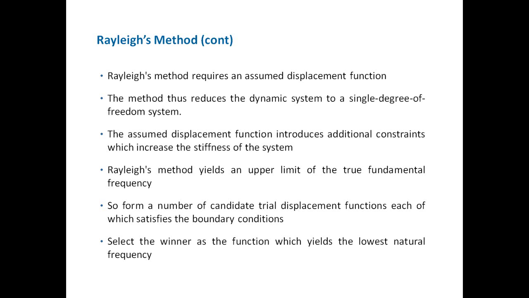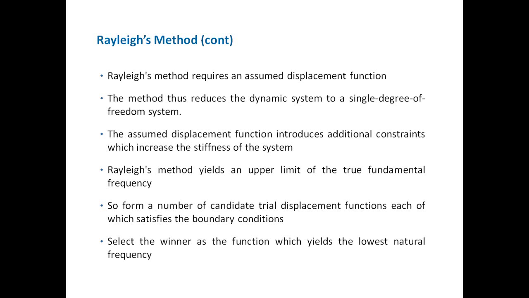Now, the assumed displacement function will introduce additional constraints, and that will actually increase the effective stiffness of our system. So the Rayleigh method will yield an upper limit of the true fundamental frequency. So as I thought about that, I thought, well, we can come up with a family of candidate displacement functions that satisfy the boundary conditions as well as we can, and run them through our Rayleigh method, which I briefly outlined on the previous slide.